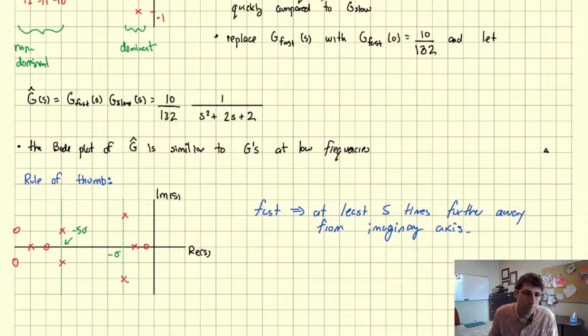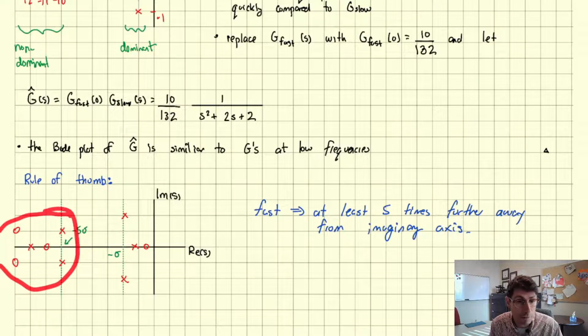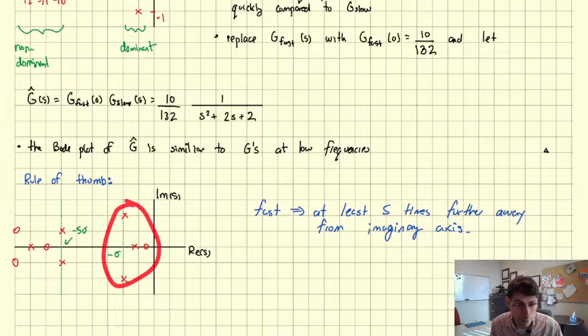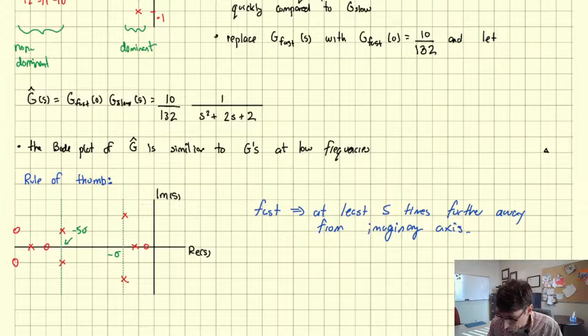It's a rule of thumb, of course, it depends on the application, but that's a reasonable rule of thumb. And so again, in this picture, this group over here is 5 times further away than this group over here.